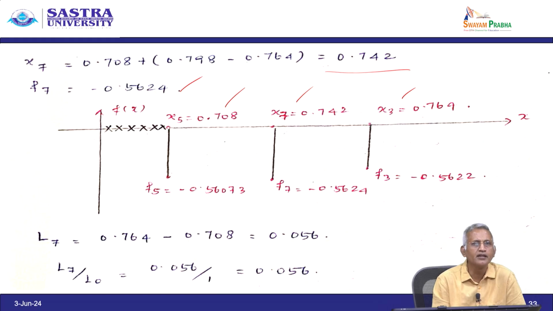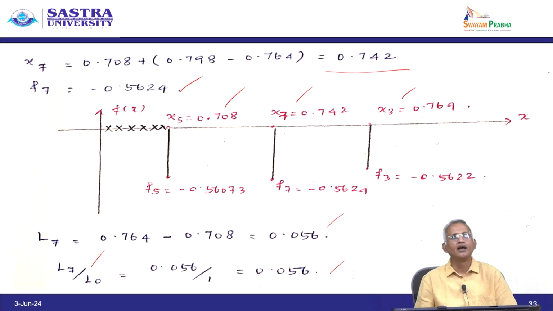Stop the iteration. Now, L7 equal to x7 minus x5, so the value is 0.056. Now, L7 by L0 equal to 0.056 by 1 equal to 0.056. So, that is the convergence and it reaches, hence the problem is solved.